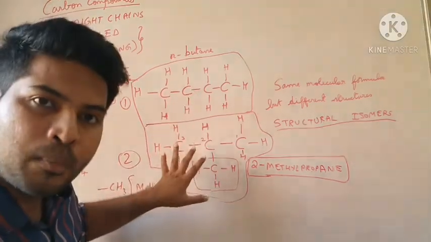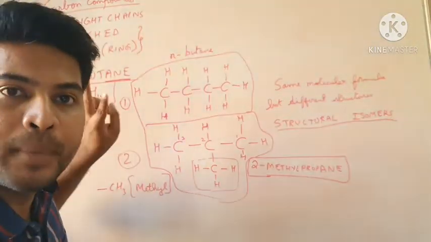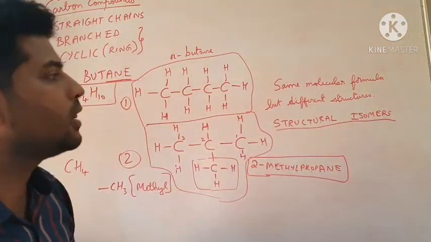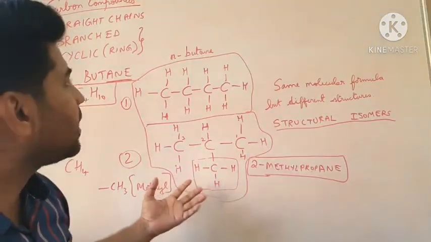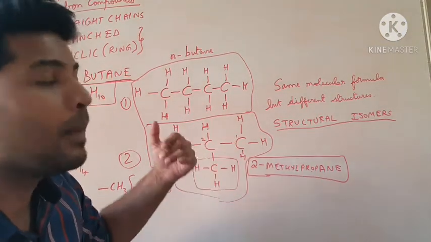So, carbon compounds which have the same molecular formula but different structures are called structural isomers. Similarly, we can write the structural isomers for pentane.